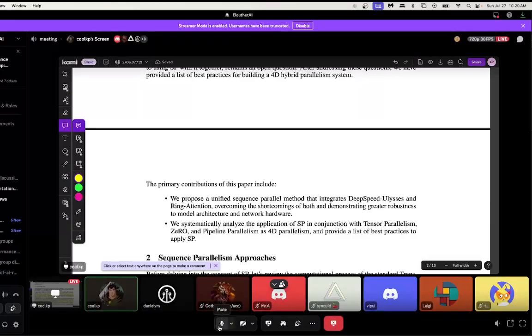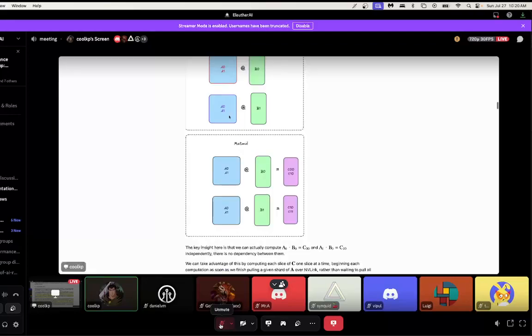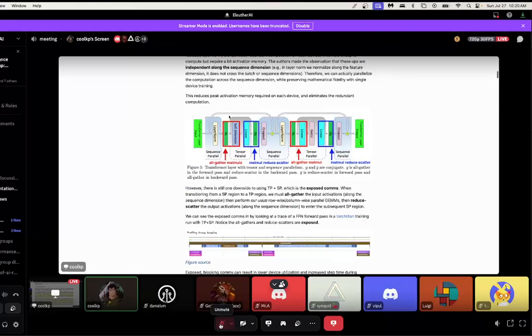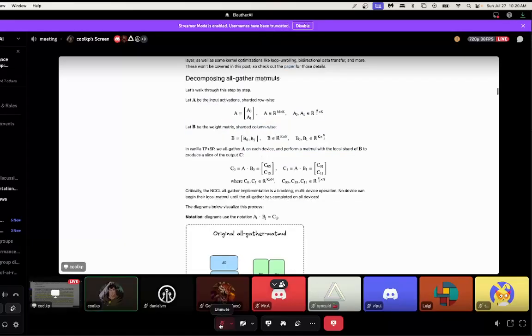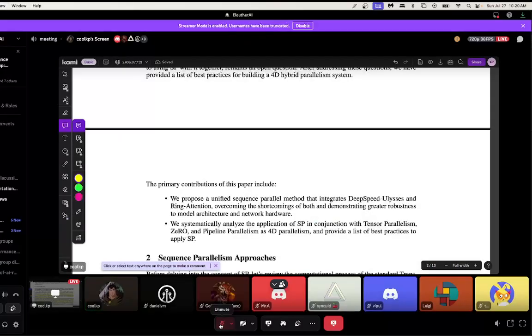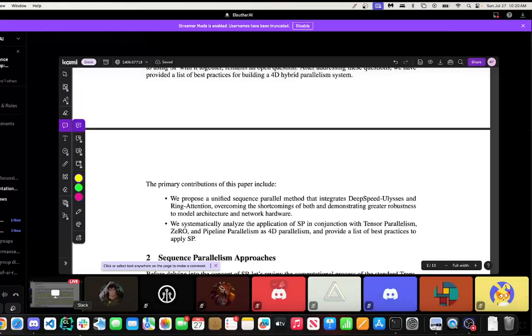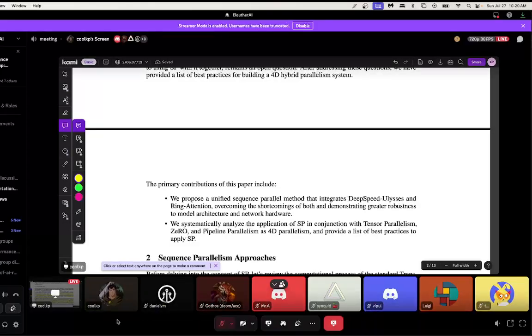I do want to clarify that the async TP and SP blog, the very good blog that Daniel wrote here, is not the same sharding strategy as ring attention. It's sharded on heads within the attention op. So this is a different strategy from ring attention, where we're sharded on sequence.